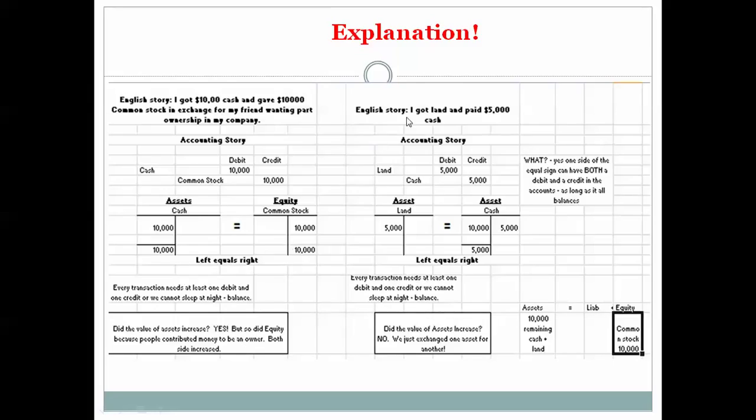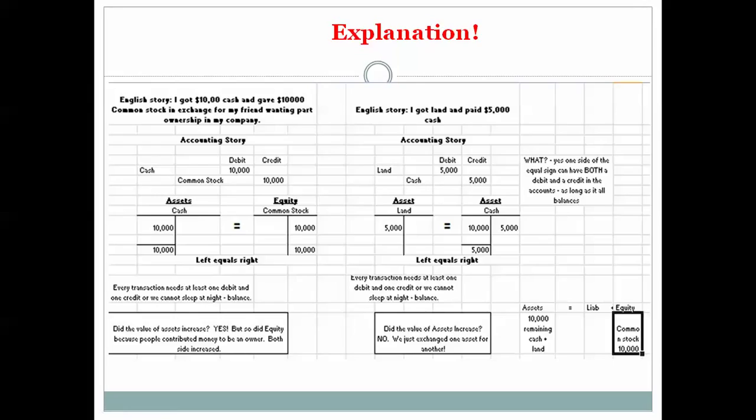Let's do another quick story. English story. I got land, and I paid $5,000 cash for that land. So I got land, but I had to give $5,000. Accounting story, left-hand side, asset, got land, debit increased. What did I give? Gave cash. My cash decreased.